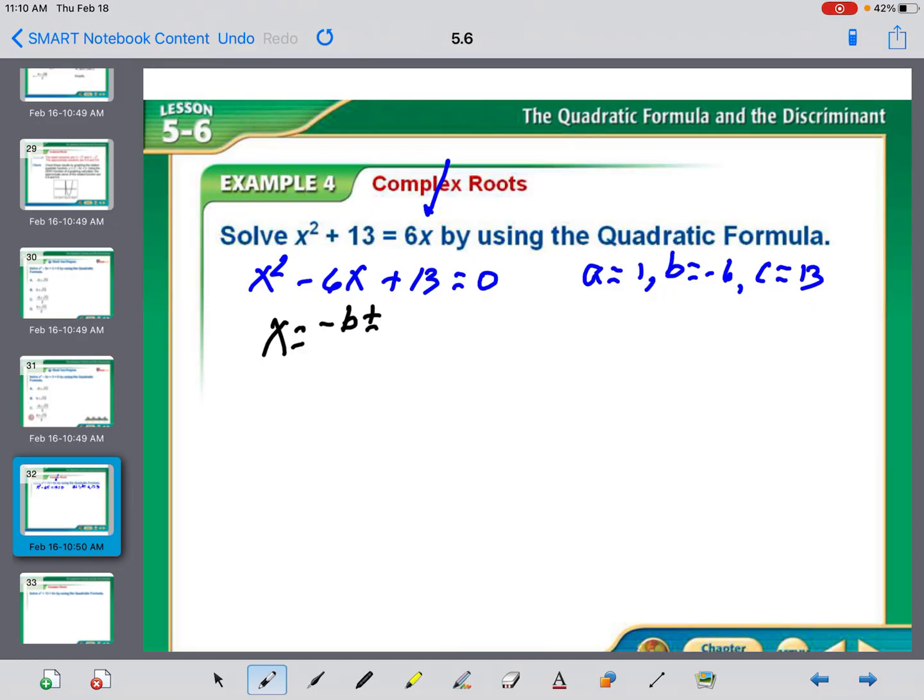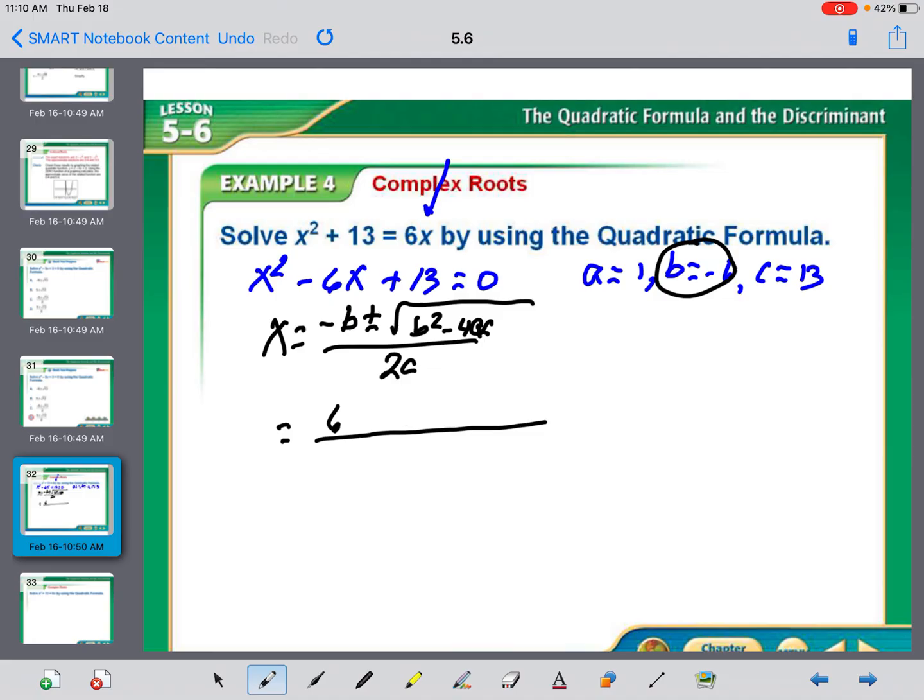So x is equal to -b plus or minus the square root of b squared minus 4ac all over 2a. The opposite of b is a +6 because b is -6. b squared is 36 minus 4 times a, which is 1, times c, which is 13, all over 2 times a.